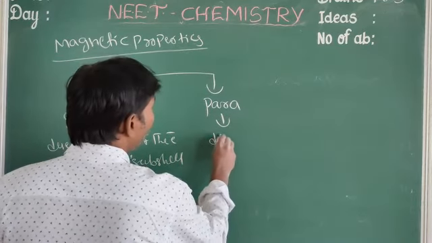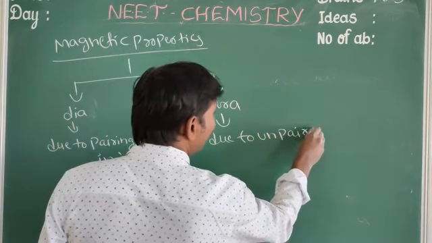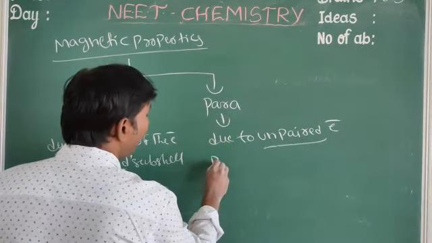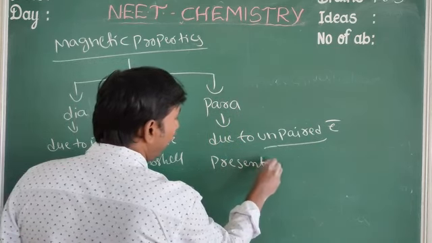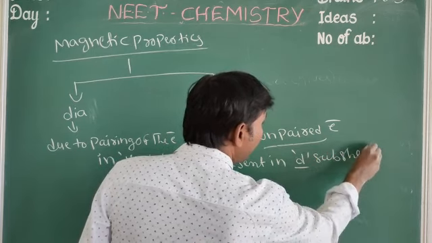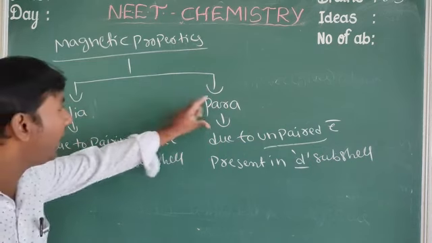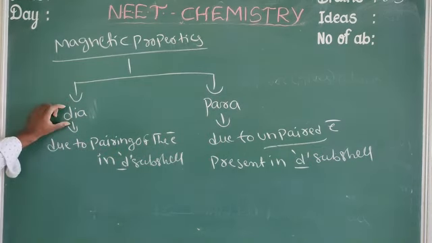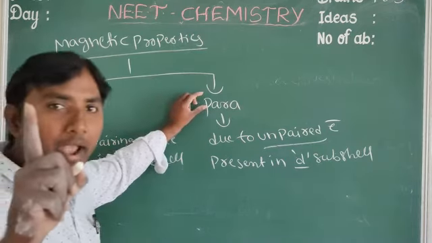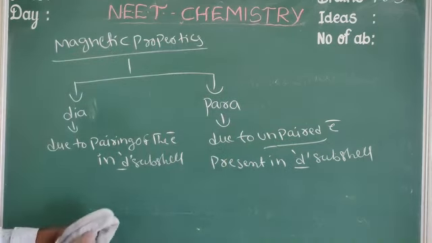Paramagnetism is due to unpaired electrons, that is single electrons, present in the d subshell. So magnetism is of two types, dia and para.